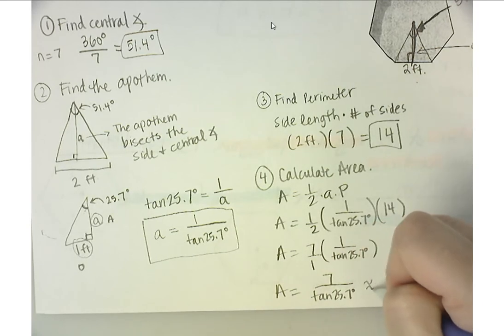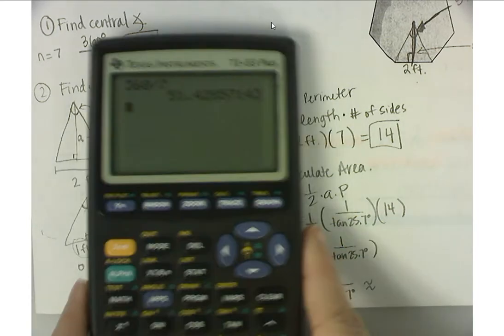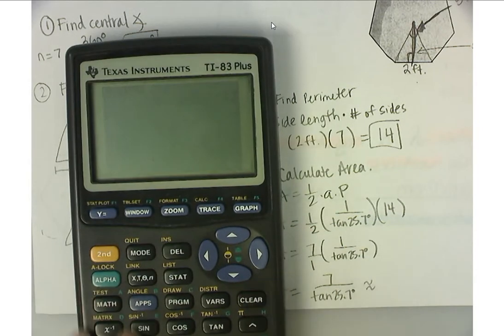And then I can go ahead and round that to the nearest tenth. Make sure that you're in degree mode. Then we're going to do 7 divided by the tangent of 25.7.